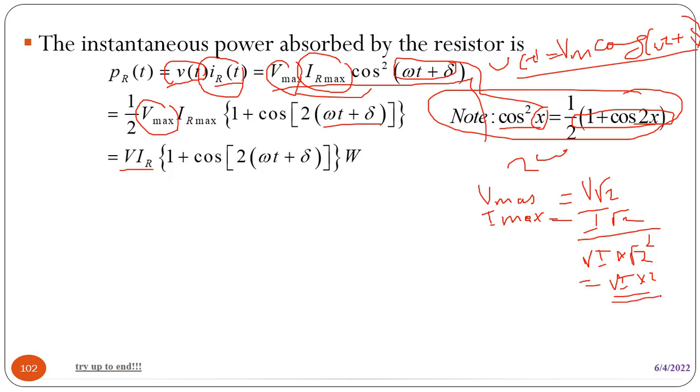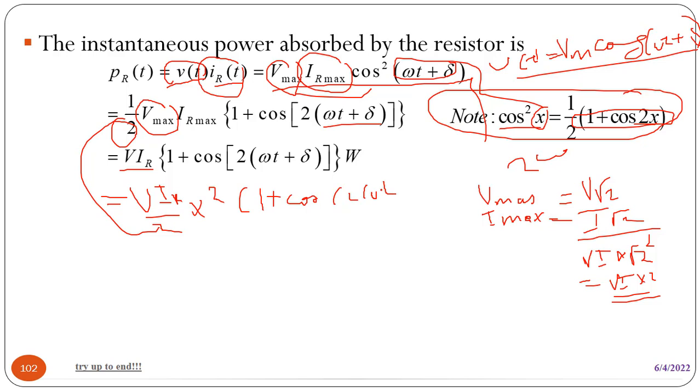Then substitute this value in this position. We get V times I R, where the load is resistive, over 2 times this value 2, times 1 plus cosine of 2 omega t plus sigma.